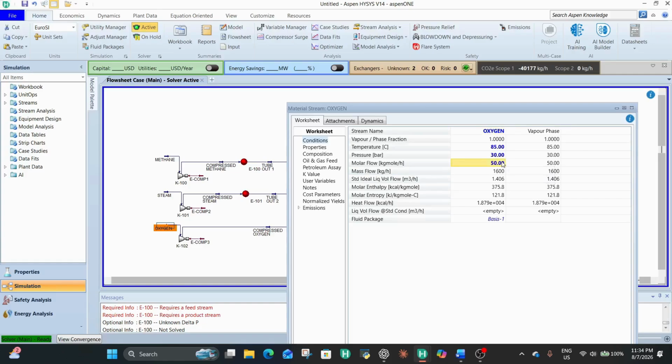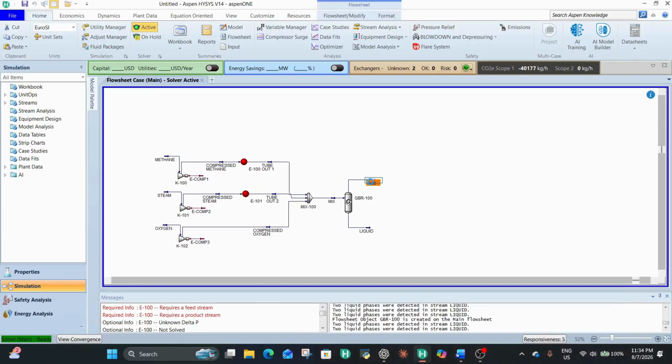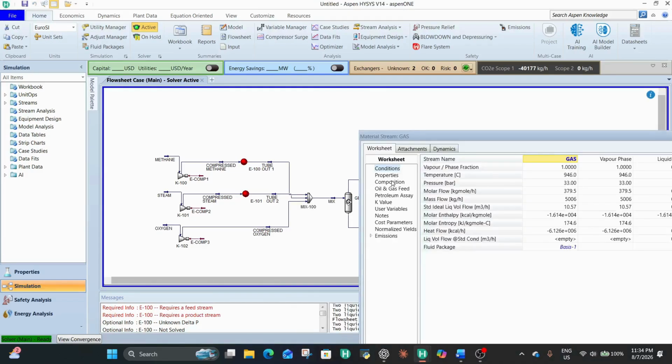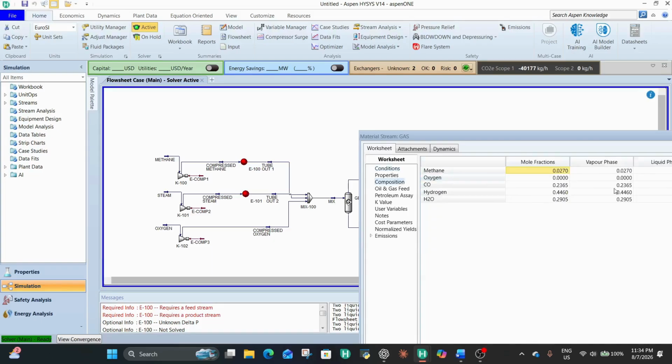But we're just outsourcing. Basically, at this point, we were able to generate hydrogen, as we could tell. Let's check the flow rate of our hydrogen before we conclude anything. We have a total flow rate of 379.5 and a hydrogen concentration of 44.6%.